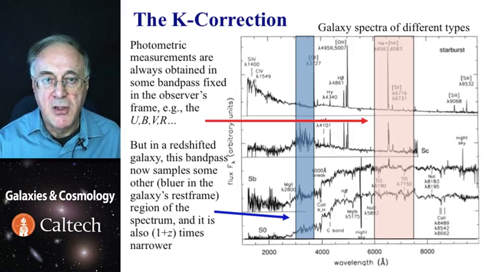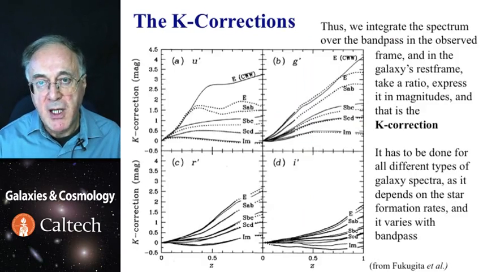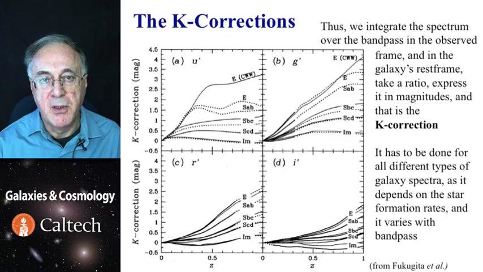If you integrate the flux over the two filters, the rest frame one and its redshifted version, and take the ratio of that, that is called the K correction, usually expressed in magnitudes. And since most galaxies tend to be redder rather than bluer, K corrections are positive. So here is a set of curves that were computed for non-evolving galaxies, galaxies that are observed here and now.